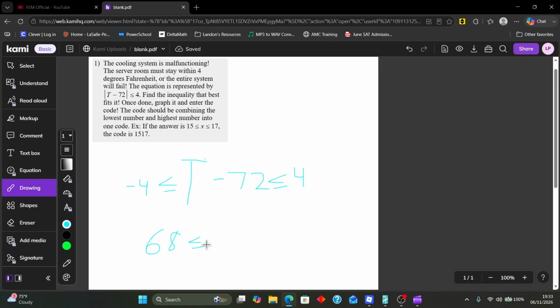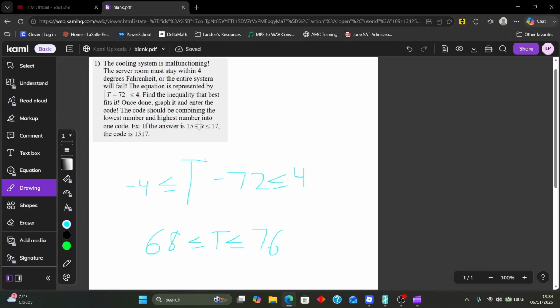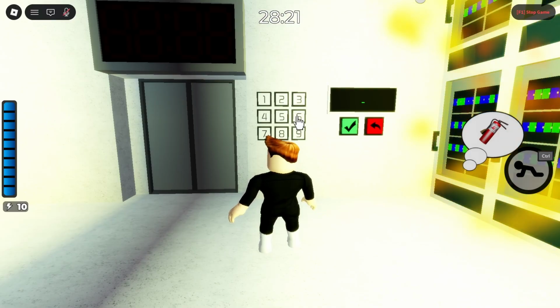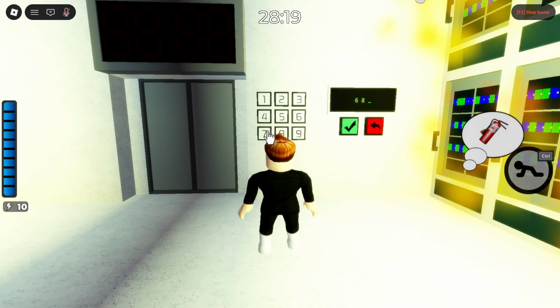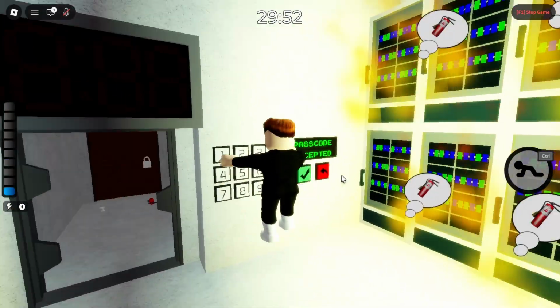And then add on each side, it's going to be 76. And then what are the instructions? Oh, combine the numbers. So that would be 6, 8, 7, 6. So let's put that in. Okay. 6, 8, 7, 6. Oh, yes, it worked.